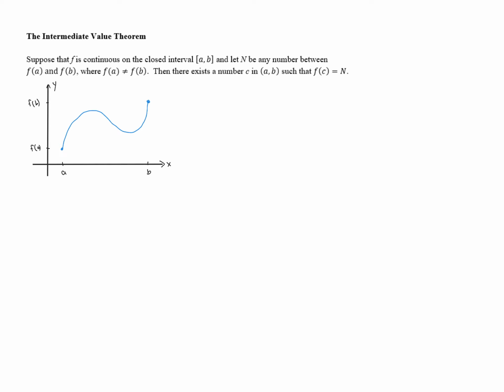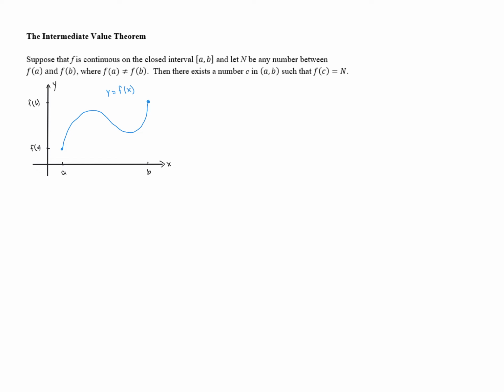Okay, so here we have a function. This is y equals f of x, which I suppose I could have labeled. And we can see that this is a continuous function on the closed interval from a to b. We know it's continuous everywhere on that interval. It could actually continue further out. Doesn't have to. It really doesn't matter either way. We just need it to be continuous on that interval.